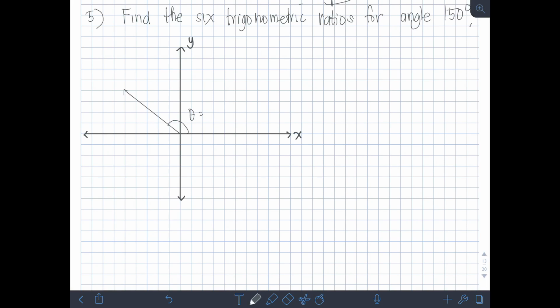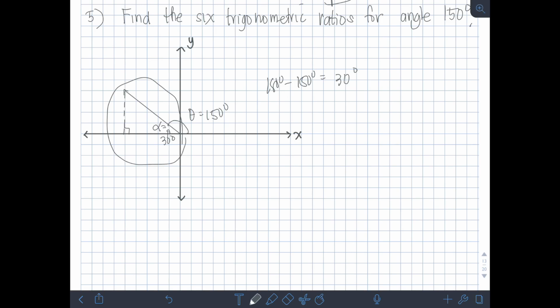Okay, theta natin yan na 150 degree. So, gagamitin natin dito yung reference angle at reference triangle. So, ito yung magiging reference angle natin, alpha, which is 180 degree minus 150 degree, it is equal to 30 degree. So, yung alpha natin ay 30 degrees. Tapos, yung reference triangle natin ay ito.